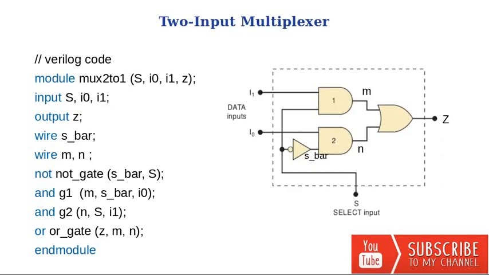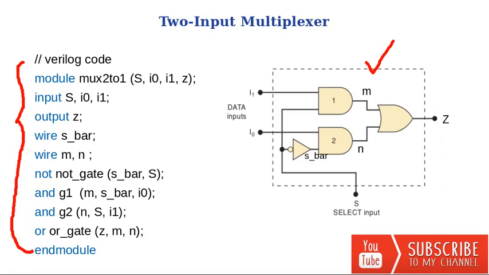The schematic diagram circuit is shown here for the 2 to 1 multiplexer at the gate level. The Verilog code to implement the 2 to 1 multiplexer is shown here. As we know, the code starts with the keyword module followed by the module name.